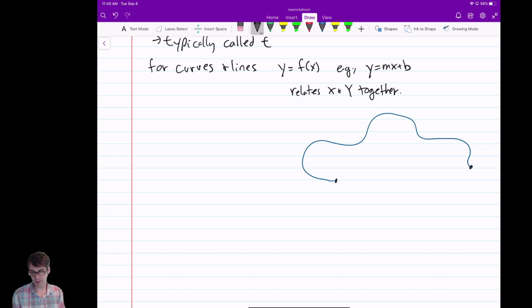If we have f of x and y, this gets complicated fast. Here we have multiple x points, multiple y points for one x. So we're going to have some roots in there. It gets like a mess real quick. It's too complicated. So sometimes it's useful to look at these things differently.